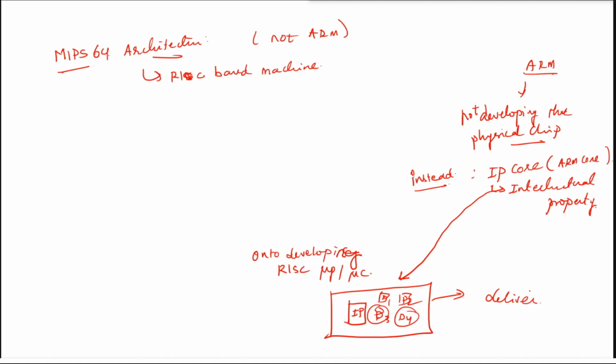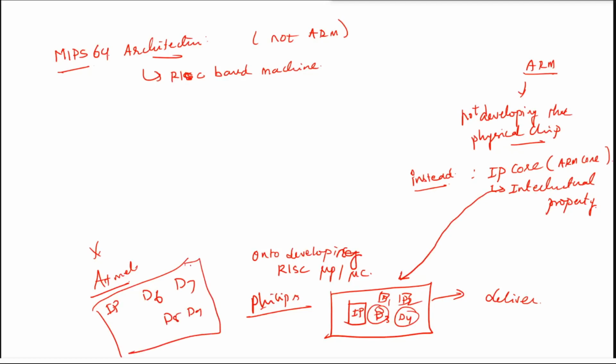But with ARM, assume this is some Philips people. They get the core, add whatever devices they need, and deliver. Some other company like Atmel, or say some X company, will get the same IP core but may integrate other devices for their need, and then export the chip.